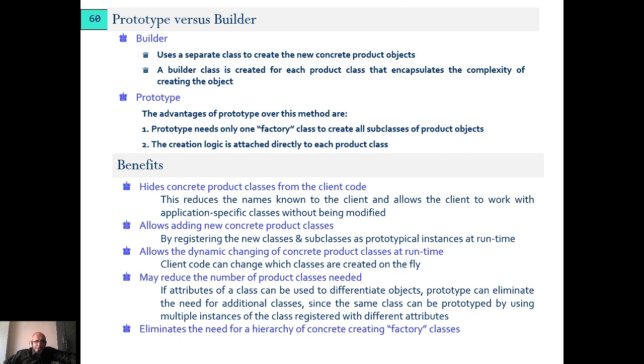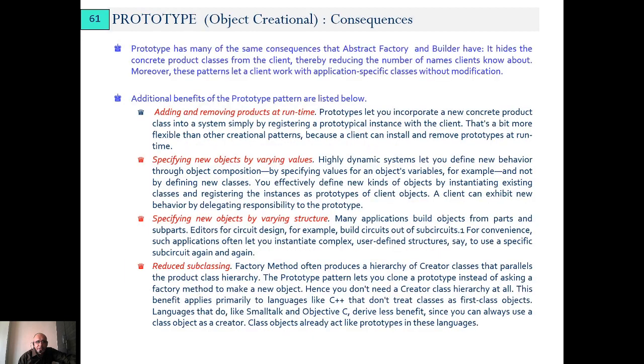Okay. Benefits are it hides the concrete product classes from the client code. So it reduces the number of product classes needed because only one level, that is factory classes, is worked out. I mean the abstract classes are not touched in this kind of thing.